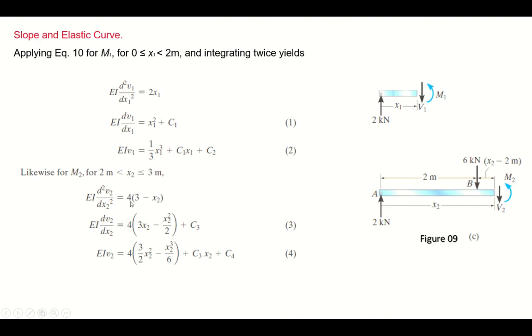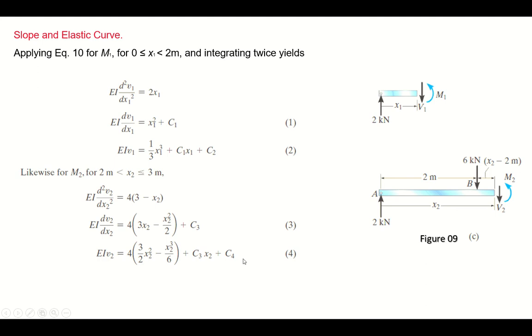When you integrate it, this is the first integration and a constant c3 is added, and when you integrate again, the equation will be like this, and another constant, c4, appears. So now there are 4 equations and 4 unknowns, c1, c2, c3 and c4.